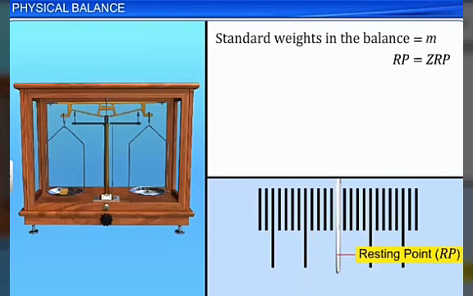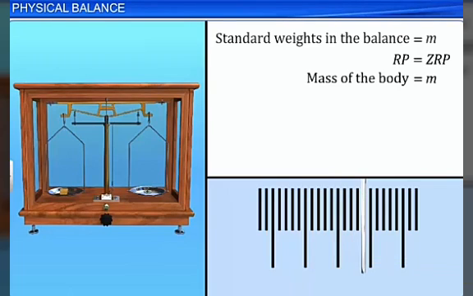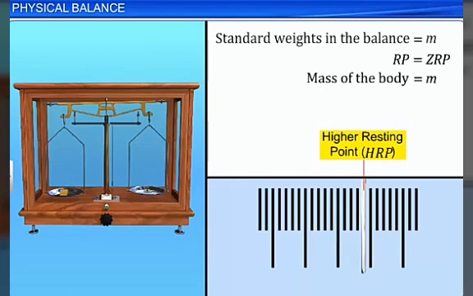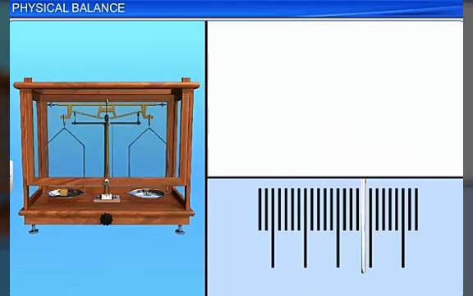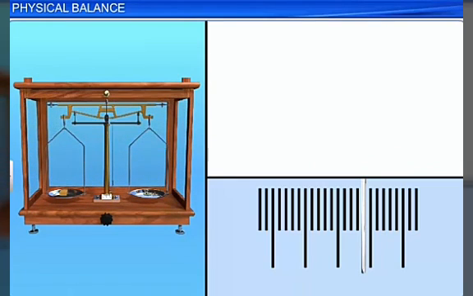If the resting point is greater than the zero resting point, then it is called a higher resting point or HRP. If the resting point is a higher resting point, add 10 milligrams in succession until you get a resting point less than the zero resting point.